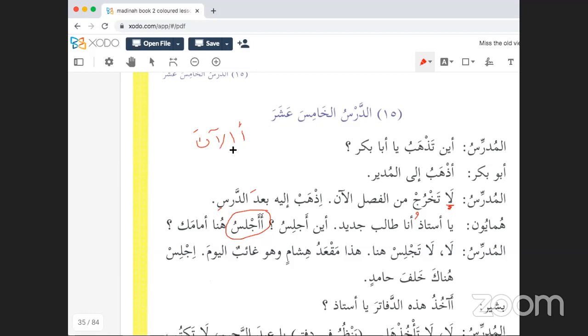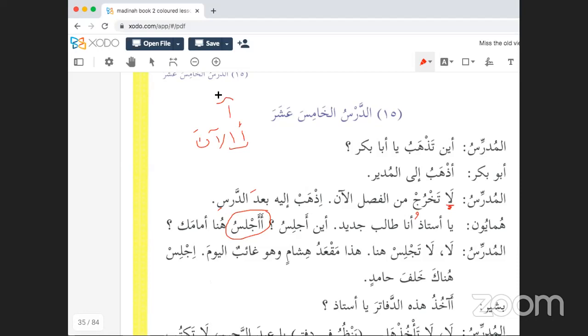So these two alifs, these two hamzas, they come together, and it becomes alif mad. And you say, al-ana, is it now? Are we going to go, al-ana nadhabu? Are we going to go now? You remember this?